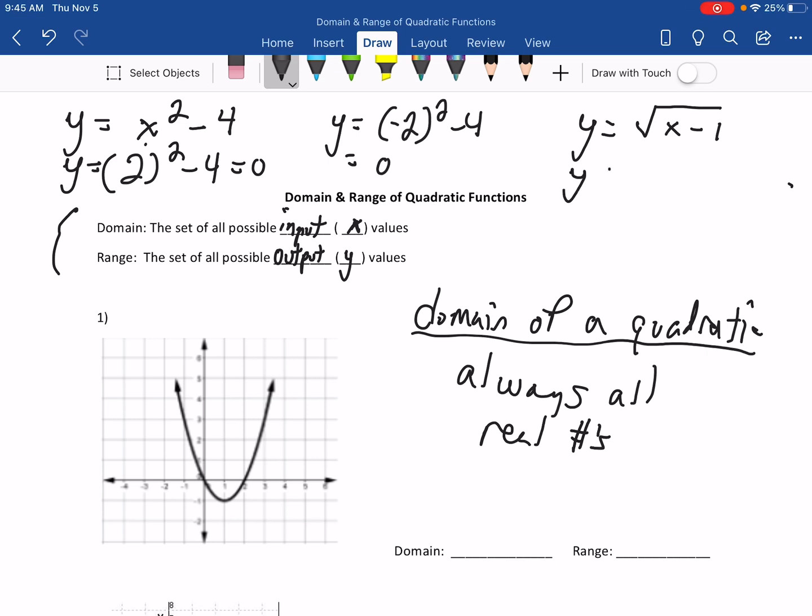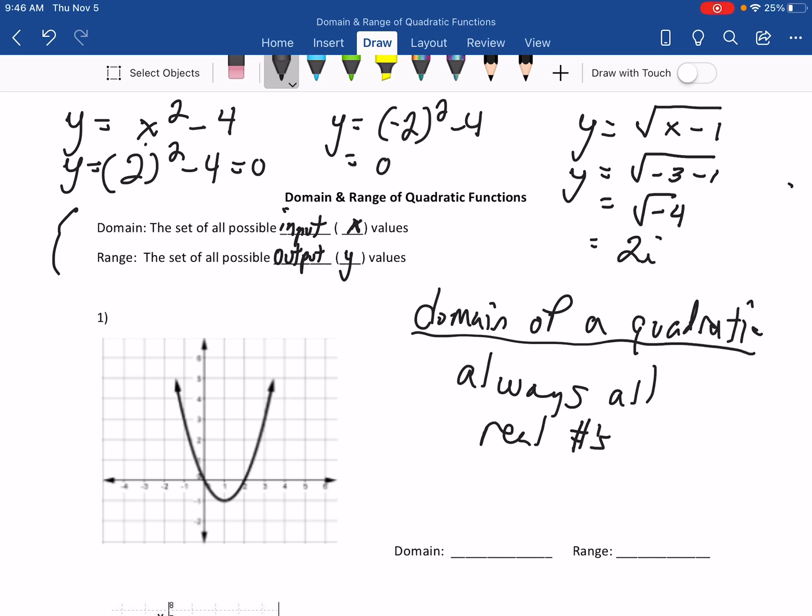So y would be square root of negative 3 minus 1, which is square root of negative 4, which of course is 2i. And 2i is not a real number. So the input negative 3 gives me an output that's an imaginary number, which is not part of the real number system.